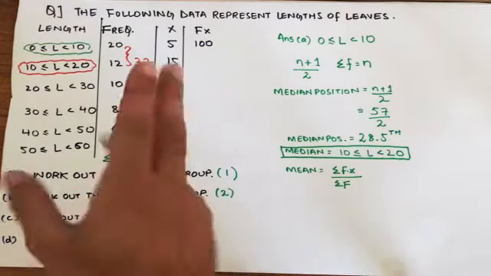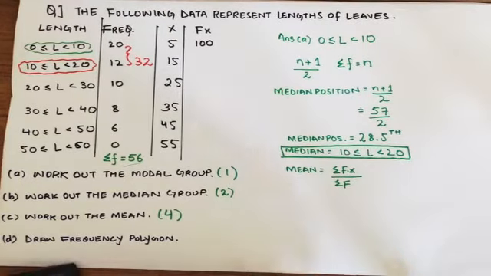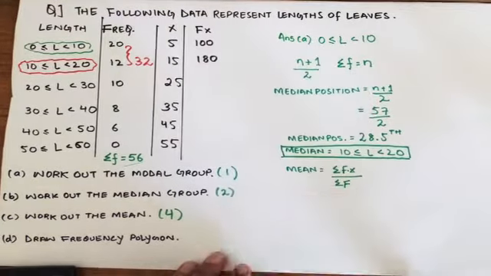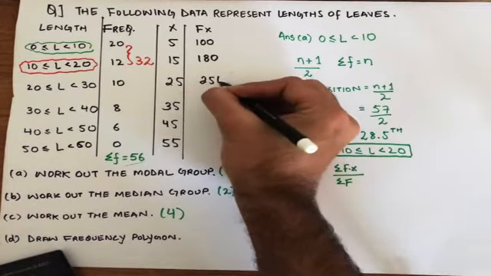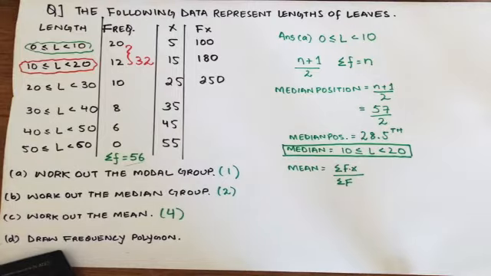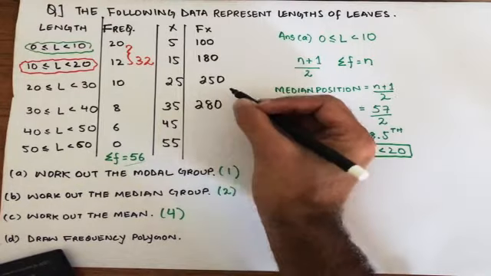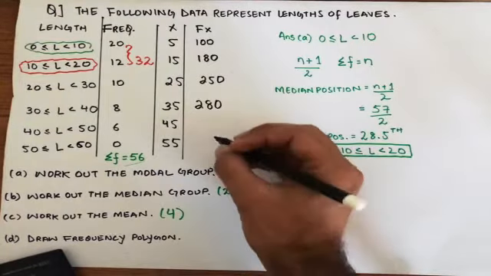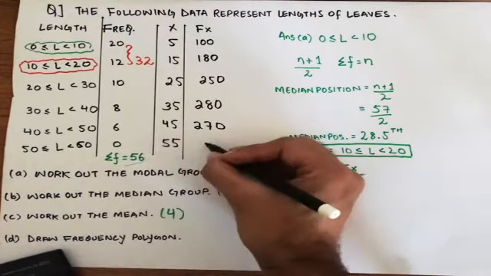Moving on, we need to do this for everything. 15 multiplied by 12, which is 180. Twenty-five and 10s are 250. 35 and 8s are 280, 45 and 6, this is 270, 55 times 0 is obviously 0.